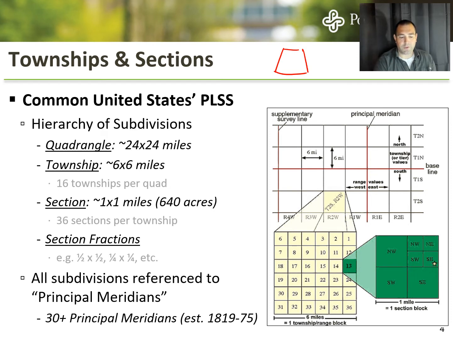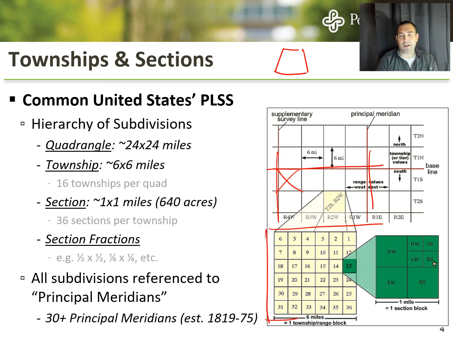Each of those quadrangles is split up into a 4 by 4 grid of townships, and that's what you're starting to see. Here's a township right here, and these red lines are the lines of the quadrangle. Townships are approximately 6 miles by 6 miles, roughly square. Each township is then comprised of 36 sections, which you see in this inset right here.